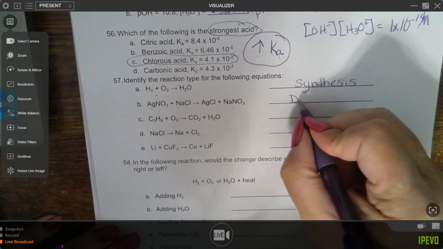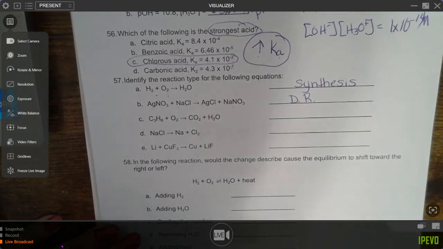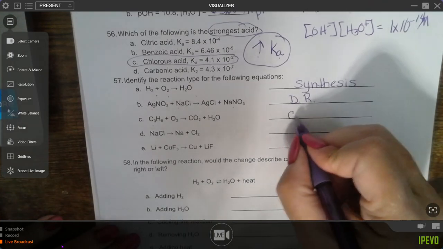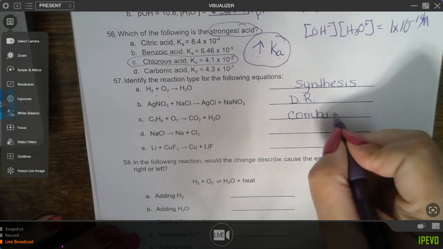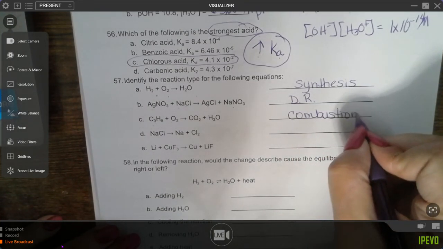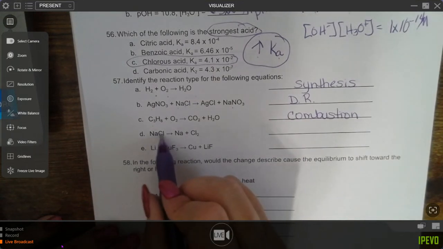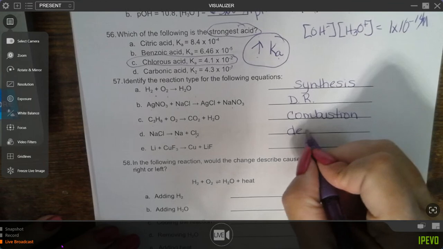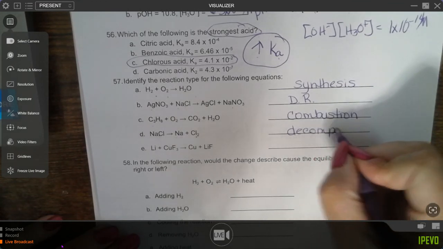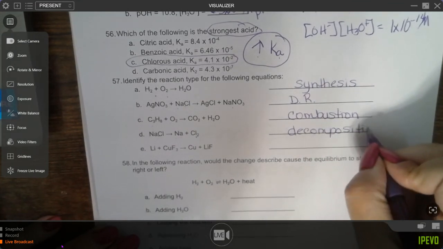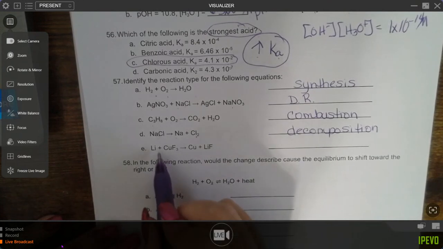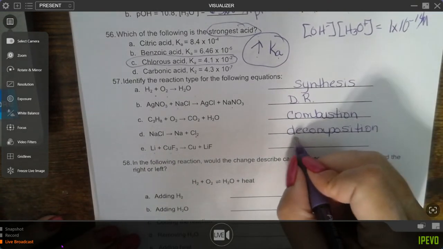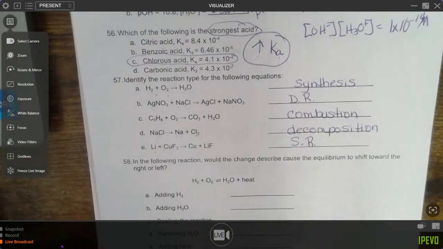That is a double replacement. A hydrocarbon plus oxygen, that is combustion. A compound that breaks down into two elements is a decomposition. An element and a compound, the metals switch places. That is a single replacement.